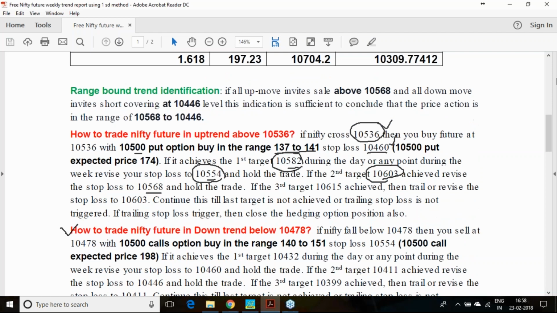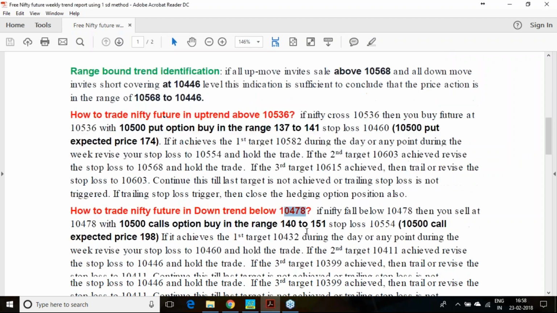This is how you can go on trailing the stop loss as long as you have not achieved the optimum target or the trailing stop loss is not hit. But at one point of time, if you think that after the second or third target my profits are good, then it is better to come out from the trade with the profit.